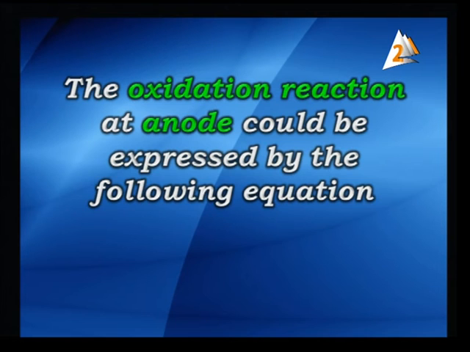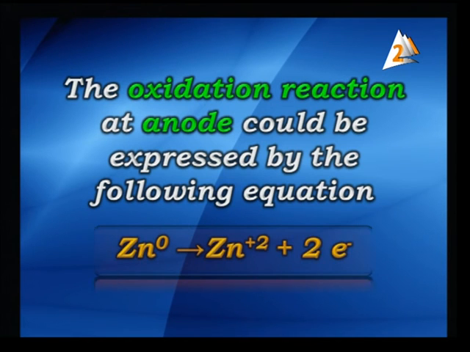The oxidation reaction at the anode can be expressed by the following equation. Zn(0) loses electrons to become Zn2+ plus 2 electrons.